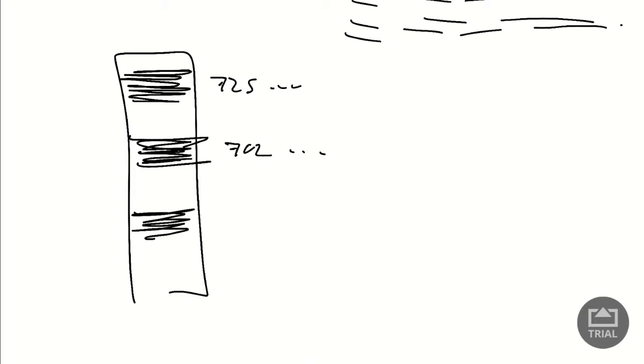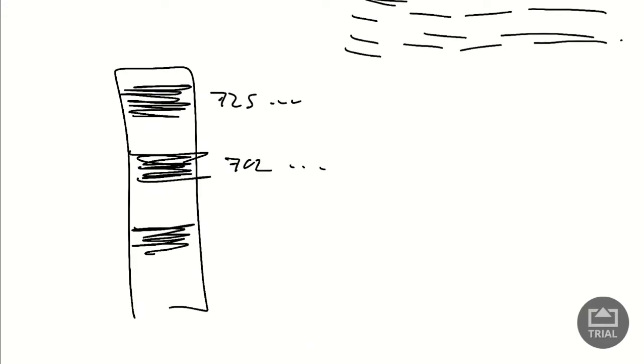It clusters into sections in your hash tables. For example, from a practical point of view, this is like your 702 area code phone numbers. There's a bunch of them, and maybe there's not that many phone numbers that have 725 because it's a new number, right? But you still see clusters there.